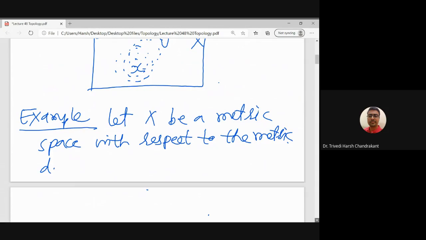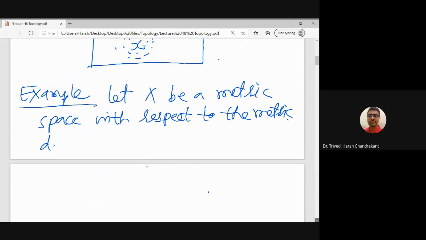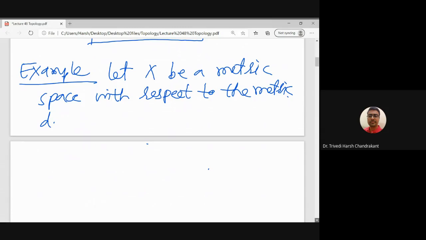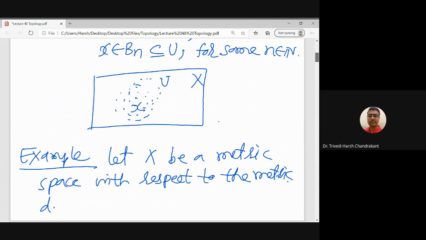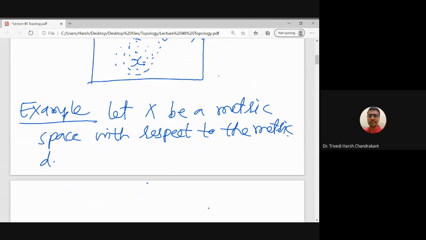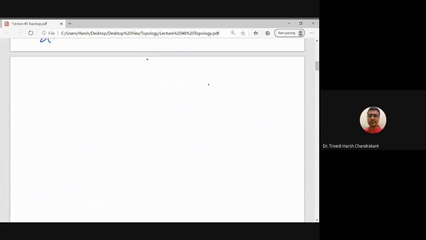That means on it we have a distance function defined, and with respect to this distance function, can I find a family of open sets around x so that whenever I take any open set U around x, it will intersect at least one element from that collection?